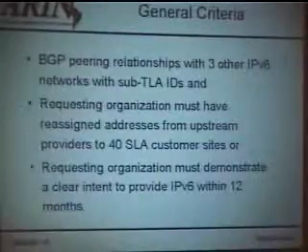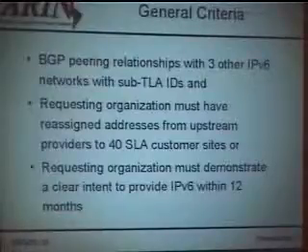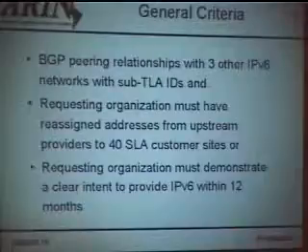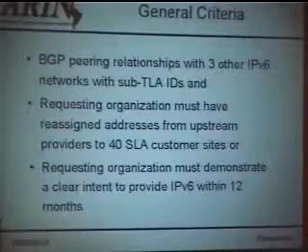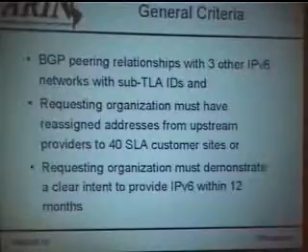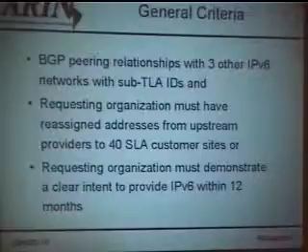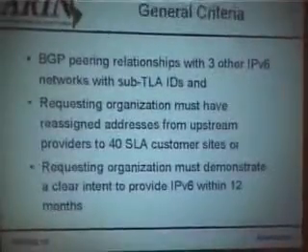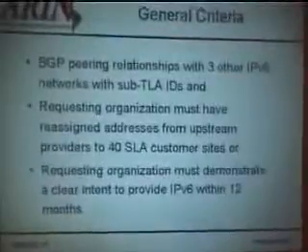The organization must also have reassigned IP addresses from their IPv6 upstream providers to at least 40 downstream sites. Also, that organization must demonstrate a clear intent to provide and expand their IPv6 services within 12 months of the allocation from the Regional Internet Registry.